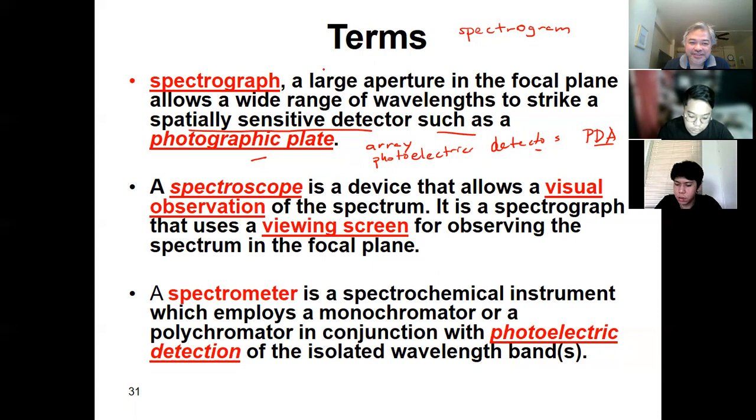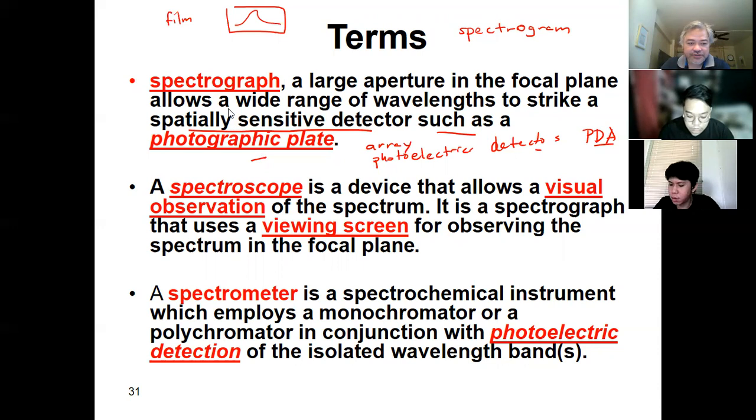Imagine if you have the film: the spectrum from the spectrograph would be recorded on the film. But because of technological advances, you don't need the film. You can already obtain the density of the lines recorded. So that is the spectrograph.